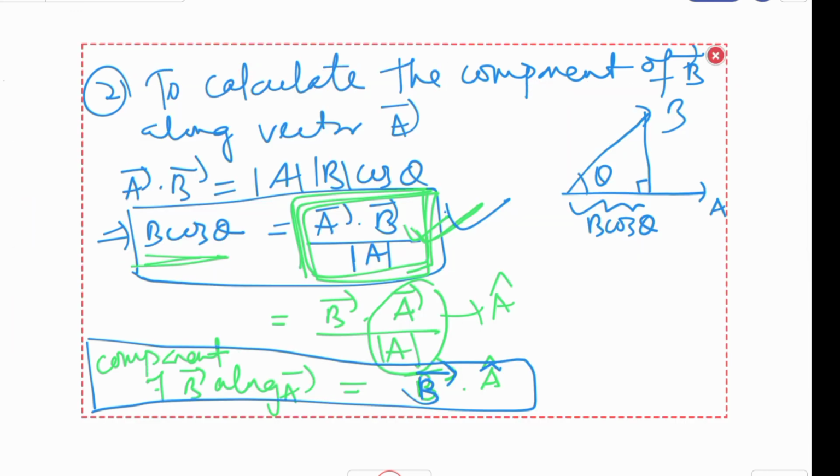Now the last one. How to use this dot product? We can find out the condition for perpendicular vectors.